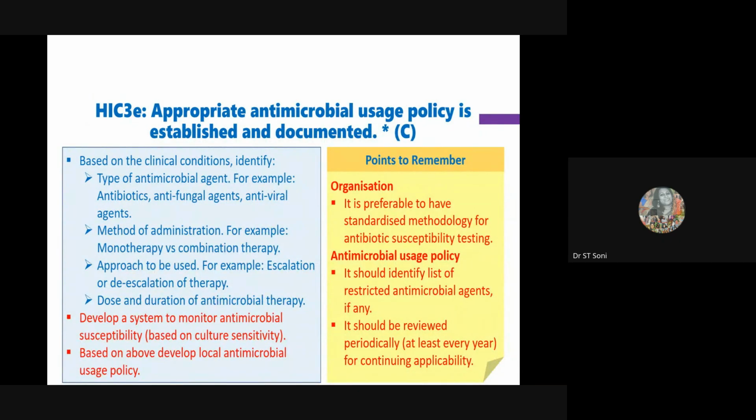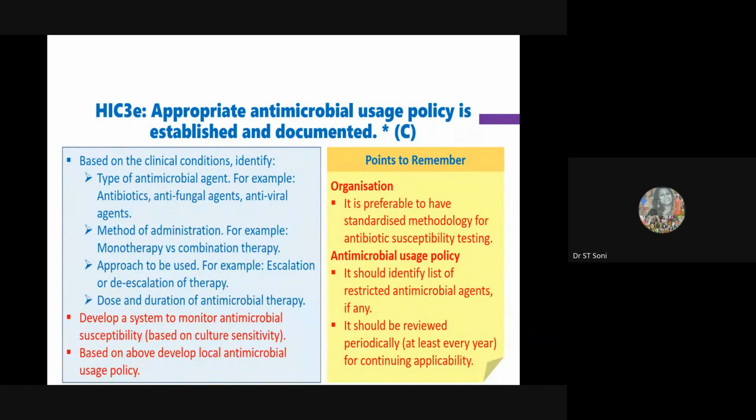Antimicrobial use policy: every hospital needs to have an antibiotic policy, and the newer guidelines by the NCDC and the ICMR have been laid down in the recent past. You can Google it and download it, and there should be justification of why you are using the antibiotic.